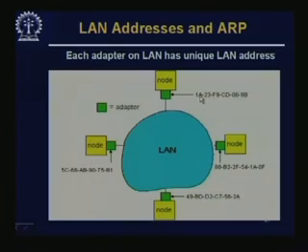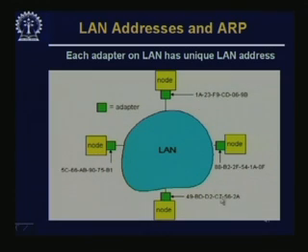Okay, the manufacturers of these adapters buy blocks of addresses from IEEE, and these are all 6 byte addresses. So this is a 6 byte address, something like 1A 23 F9. Each of them is 1 byte, so you see 1 2 3 4 5 6.